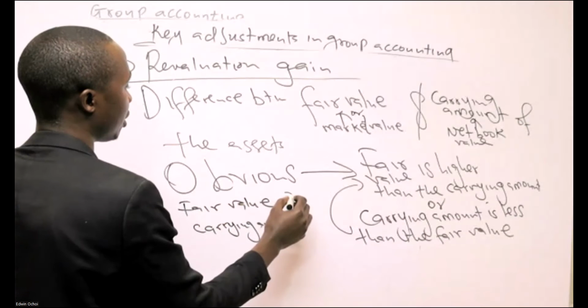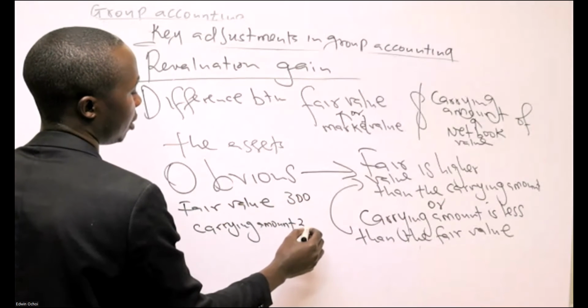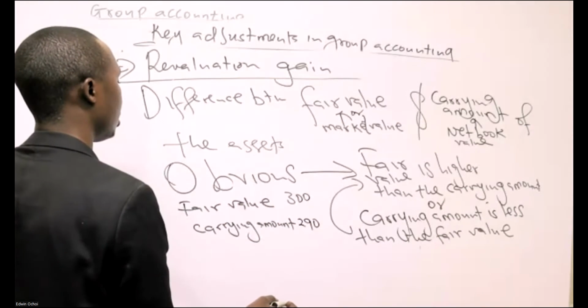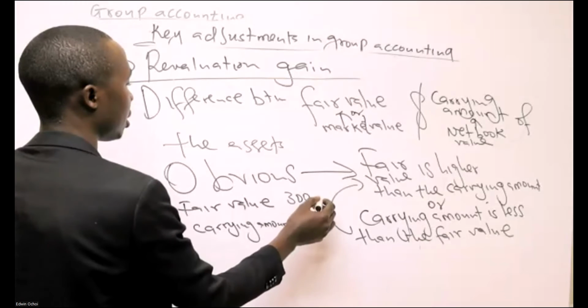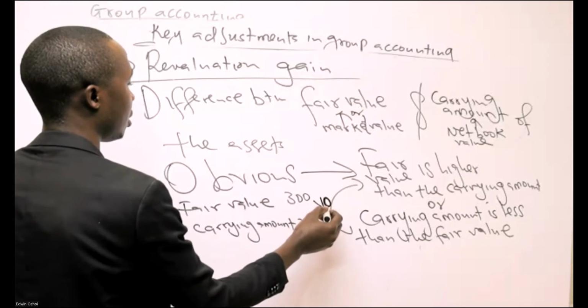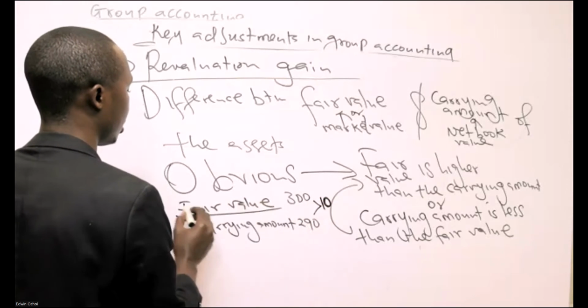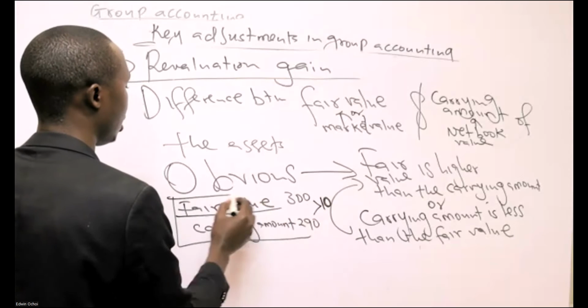So this one you will be told, for example, is 300 and this is 290. So revaluation is 10, the difference of the two.